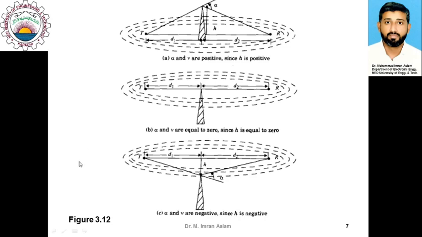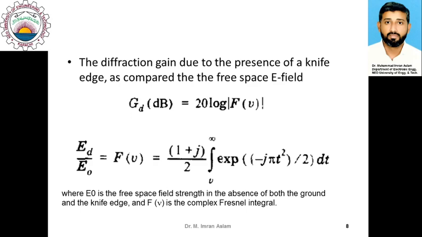If the obstruction is lower than the LOS path, even then there is a small amount of loss. Like in one of the problems we had a loss of 1 dB, but that loss is practically not significant. So if the height of the obstruction is smaller than the LOS path, we can ignore this diffraction loss.